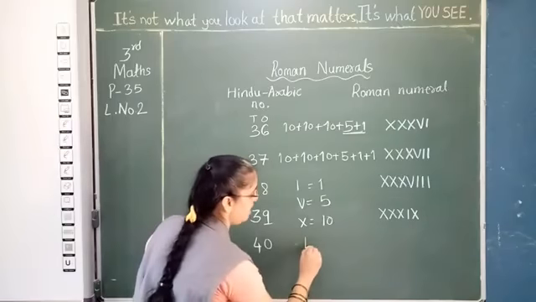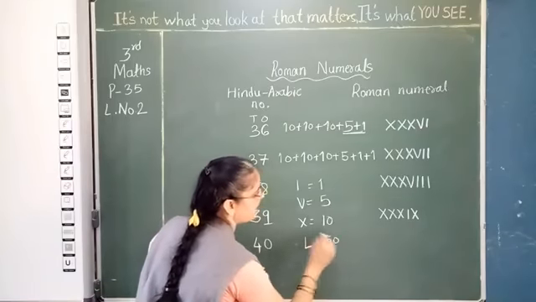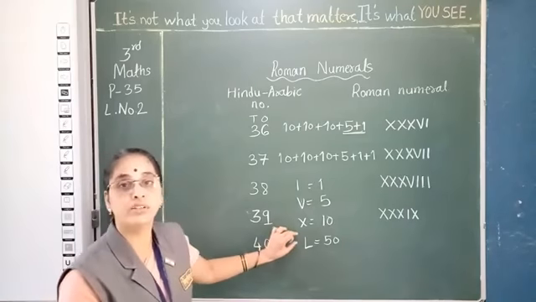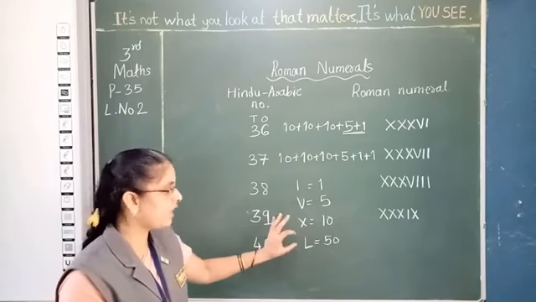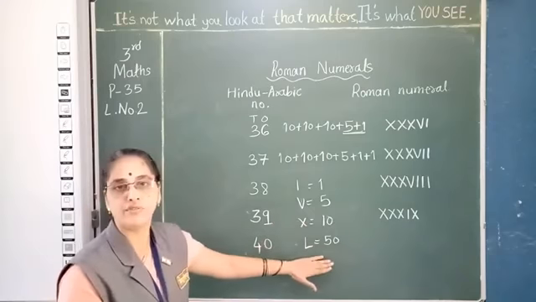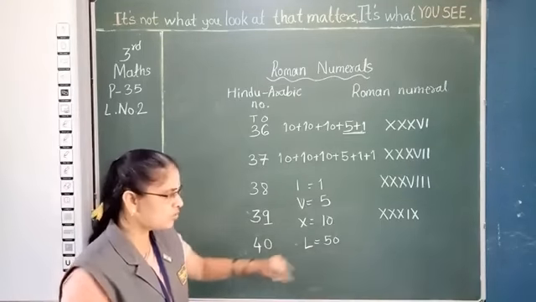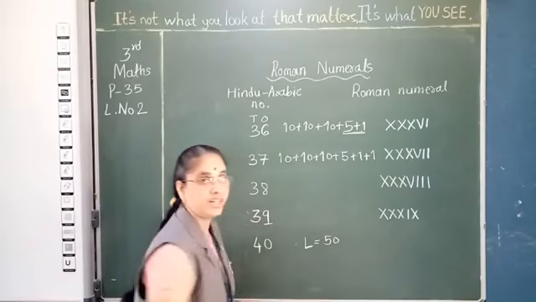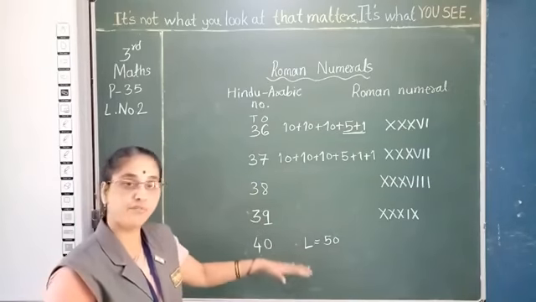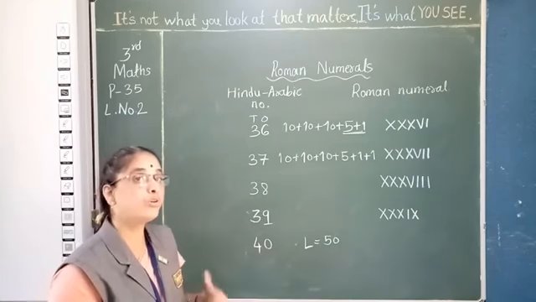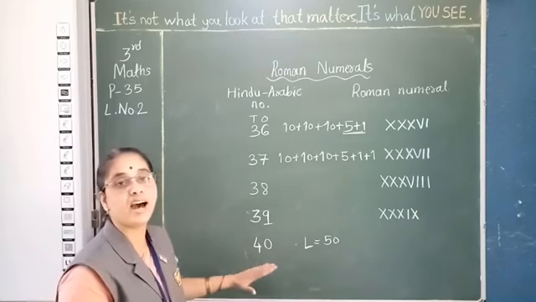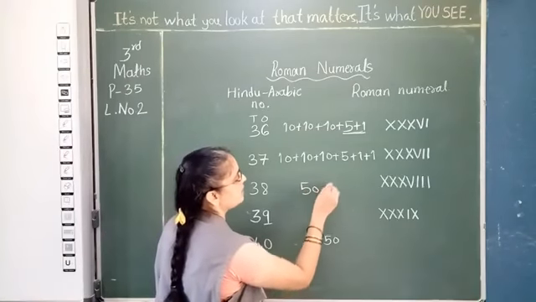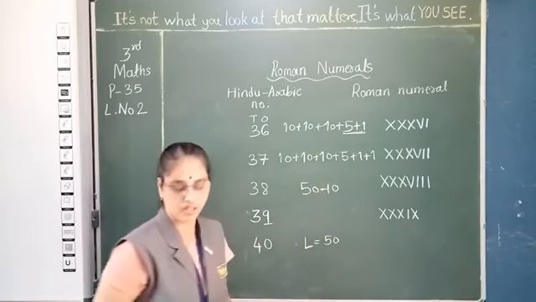That is L. For 50 it is given. So how are we going to find the numbers between 39 and 50? We will use the number 50. From 50, how much are you going to subtract to get the answer 40? That is 10. So 50 minus 10 gives 40.